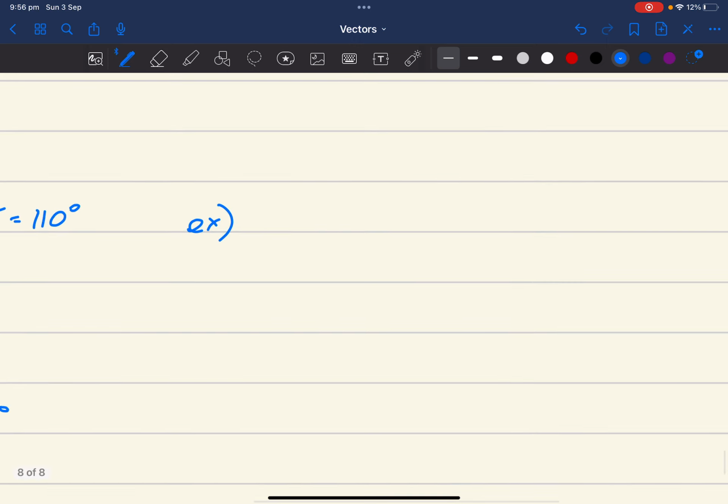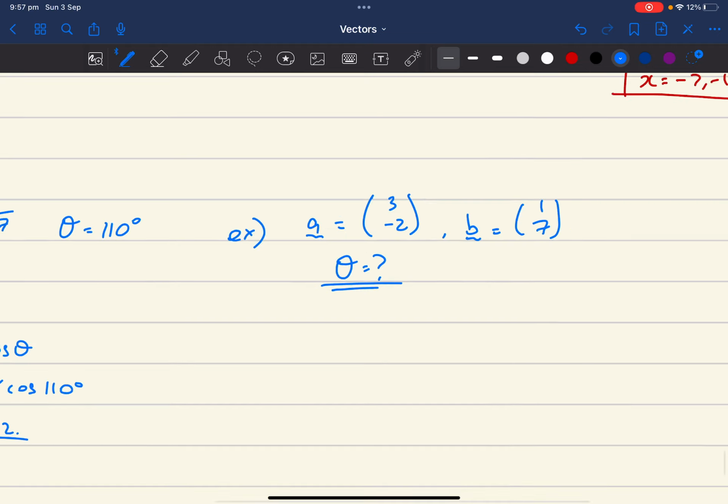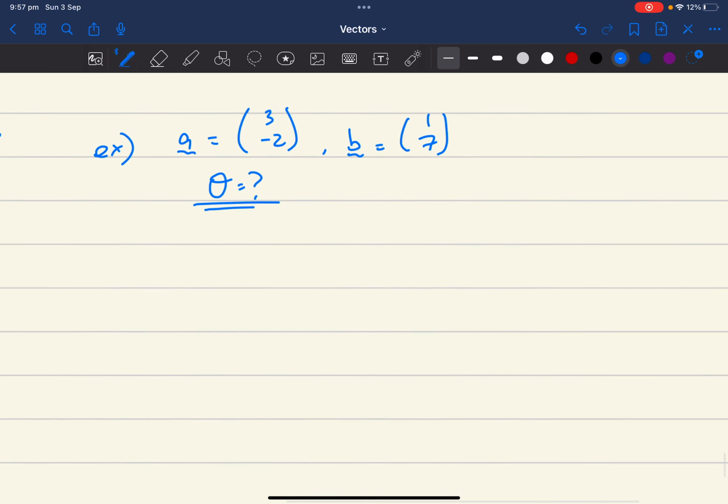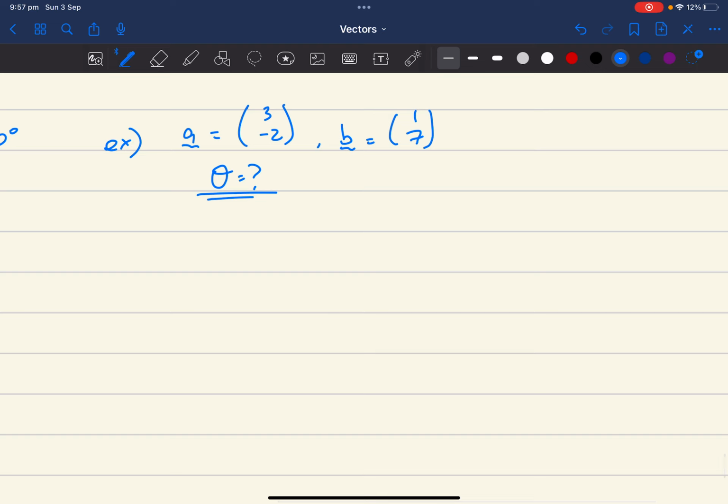Okay. So let's just quickly try another fairly common example. So let's say I'm given a vector A, which is (3, -2), and B, which is (1, 7). Let's find the angle in between them, right? So this is a bit more confusing, so I'll just go over it.